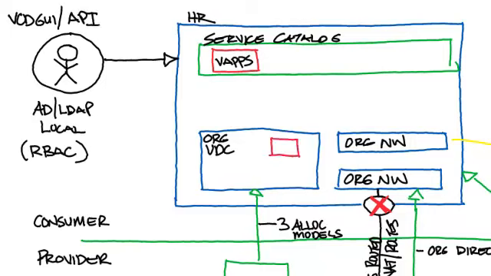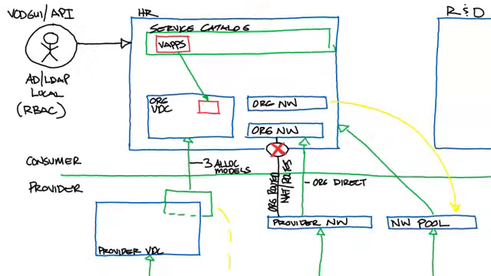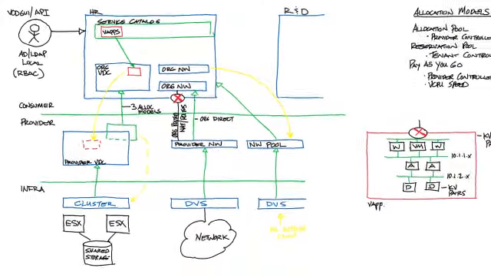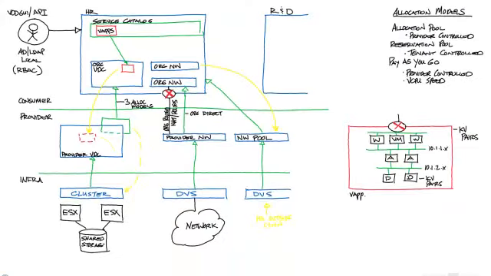A vApp is deployed from the service catalog to the appropriate virtual data center. In turn, what is happening is that the vApp is consuming capacity within the underlying provider virtual data center. This provider virtual data center is ultimately capacity within a resource pool on an ESX cluster.